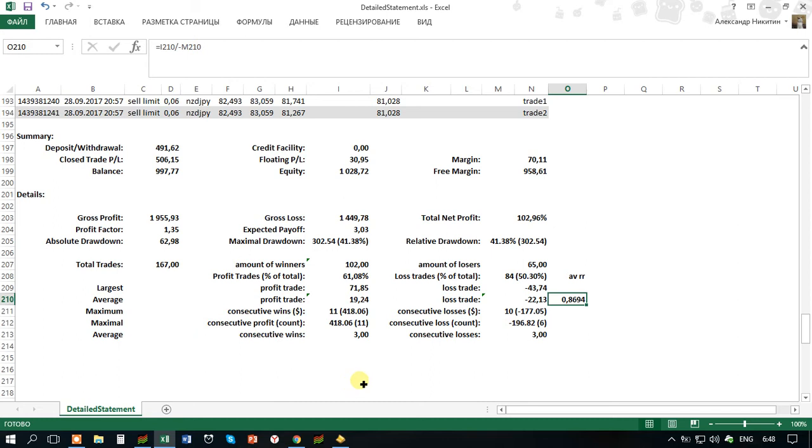So why can this number be less? Because we may have more ciphers, let's say, and fewer bets. We know that in bets we have a decent risk reward, it is more than 1, and in ciphers we have an inverted risk reward, it is less than 1. So it can be affected by the numerous ciphers I had within this period.